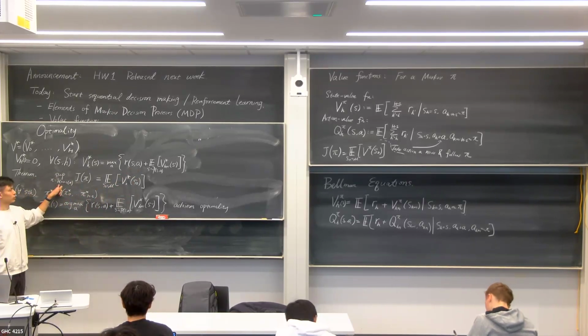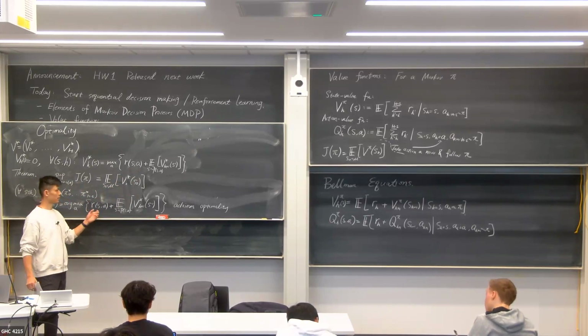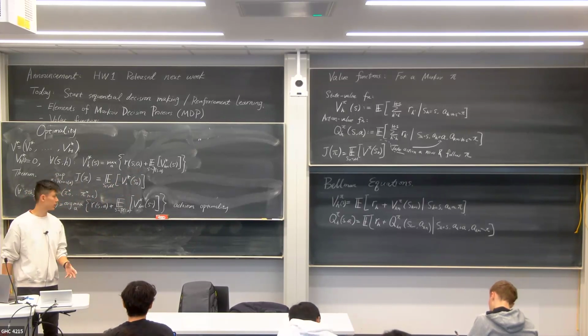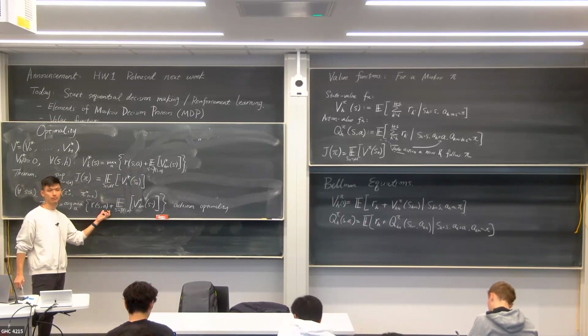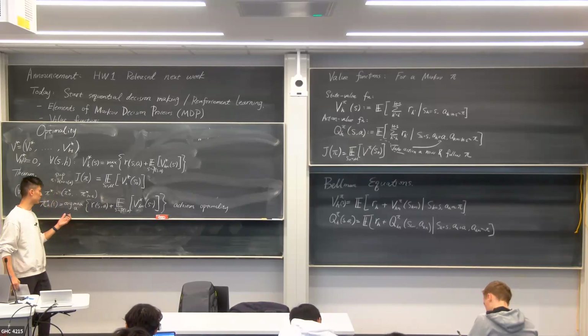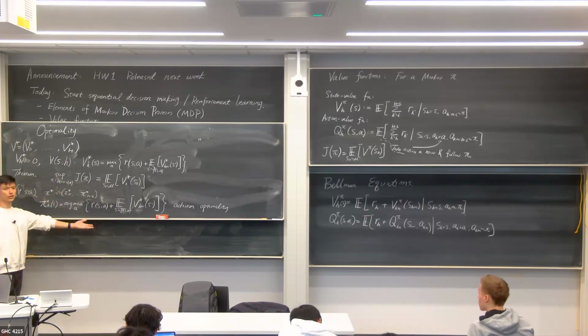And you don't actually need to think about all possible policies, because the Markovian policy that's greedy is implemented by a deterministic Markov policy that only depends on the current state. This will achieve the optimal value.